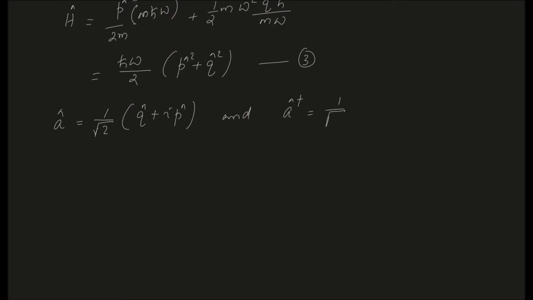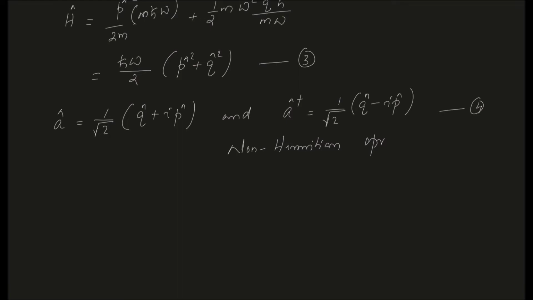So this is given by 1 by root 2 into q minus ip. So we have introduced two more operators, A and A dagger, in terms of the dimensionless operators small q and small p. Okay, so you can see that both of these are non-Hermitian operators, because A and A dagger are different here.